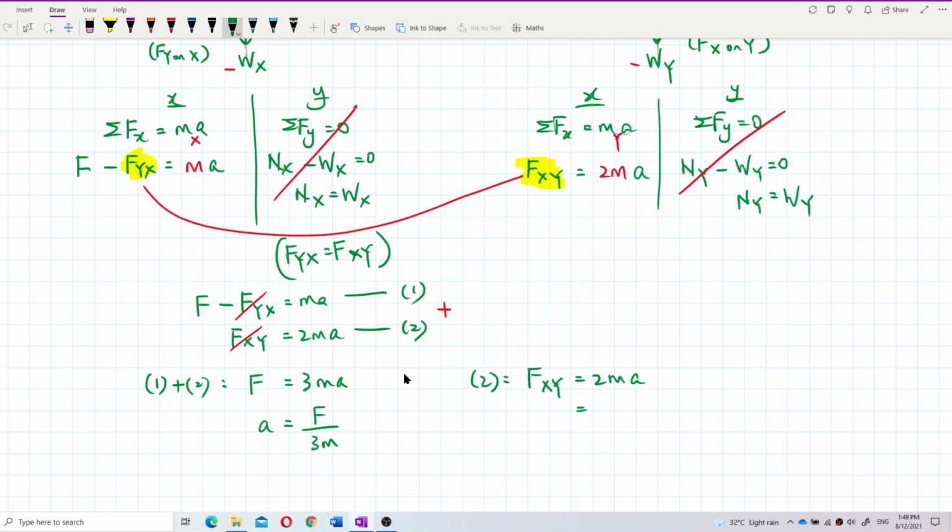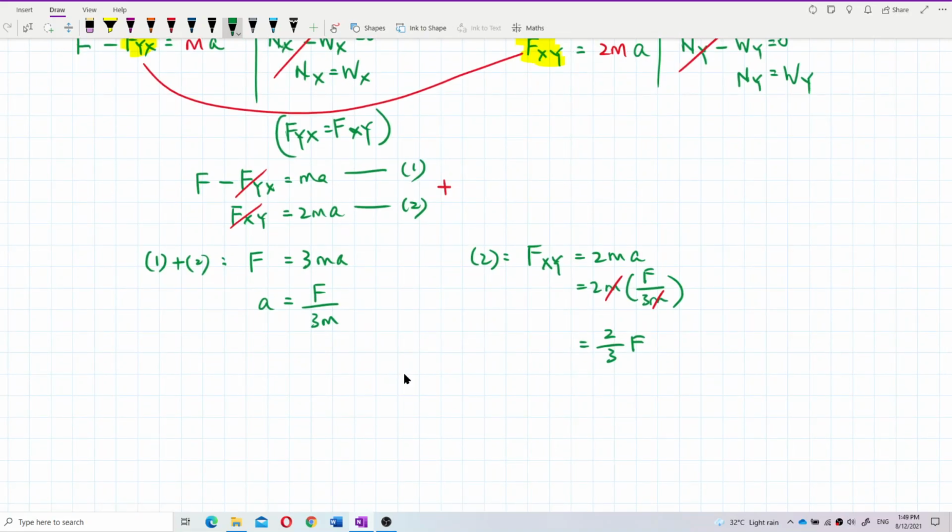So just put in the a there. The a there is F over 3m. So we cancel, and it is 2 over 3 F. This is Fxy.